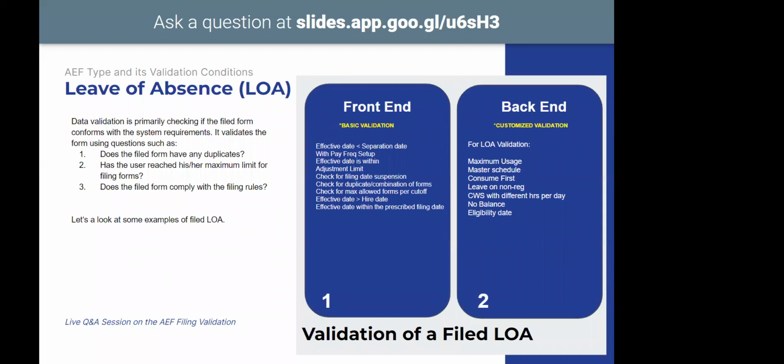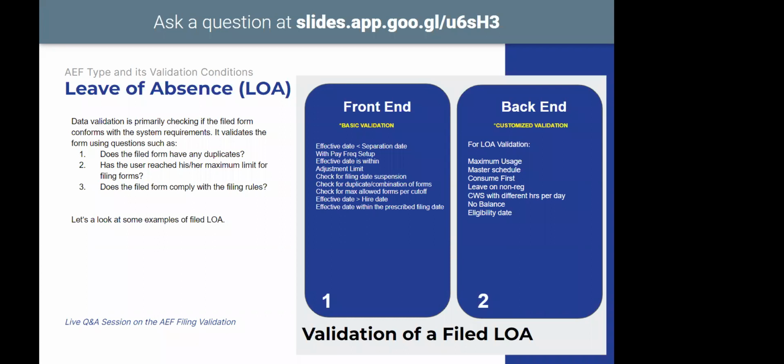And does the filed form comply with the filing rules? So let's take a look at some of the examples of these filed LOAs, and let's see whether the validation that happened is truly valid and correct, and what was the reason for the system disapproval.